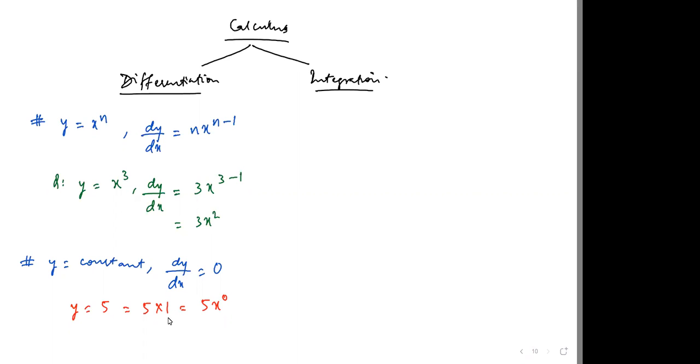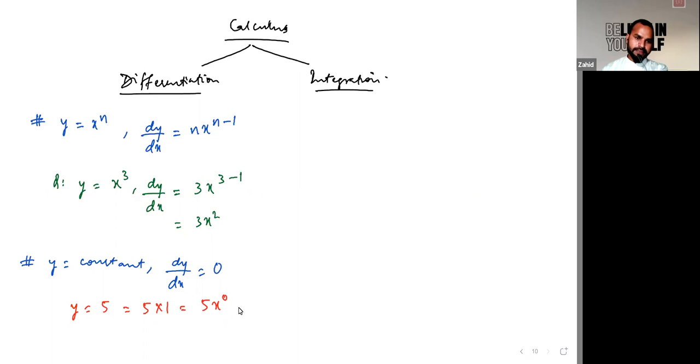I have just transformed this into x raised to 0. Now apply the formula. dy/dx equals 5, being a constant term, kept outside as a coefficient, times x raised to 0. According to the formula, you get n x raised to n minus 1.